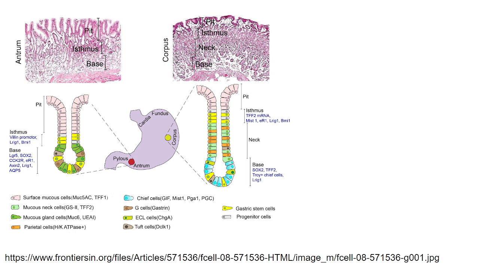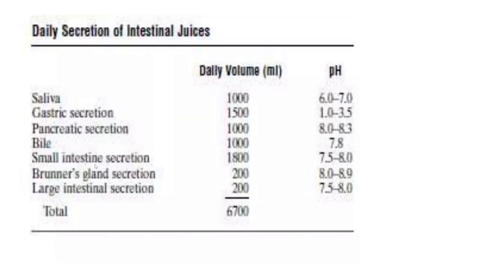The mucin producing glands are more in the fundal area and the proximal area, whereas acid producing glands are more in the distal area. Though the glands otherwise look similar, if you go into the microscopic structure, you can see the mucous neck cells present in the proximal area in larger number, whereas acid producing cells are in the distal portion of the stomach.